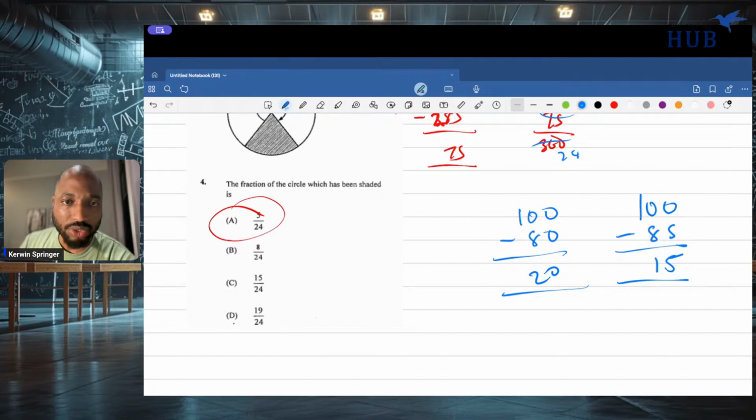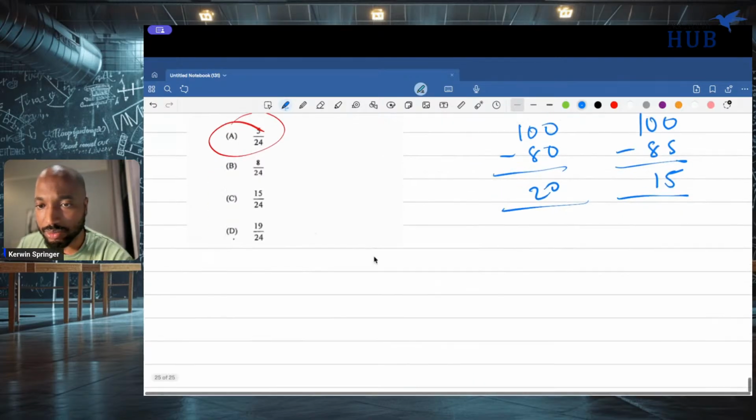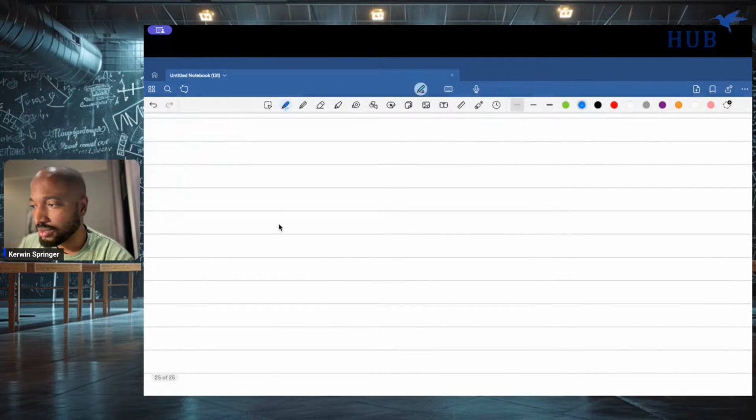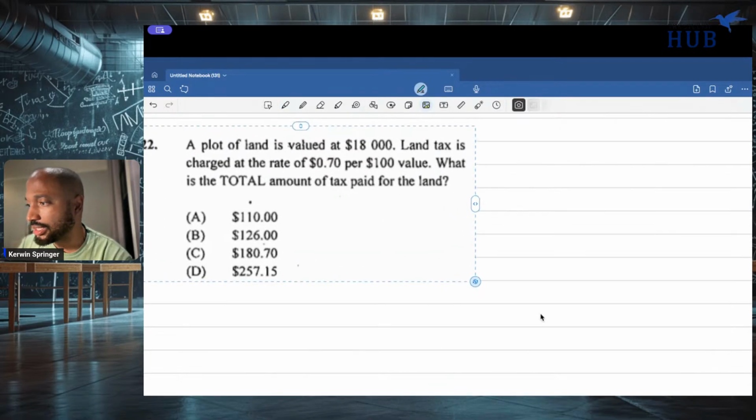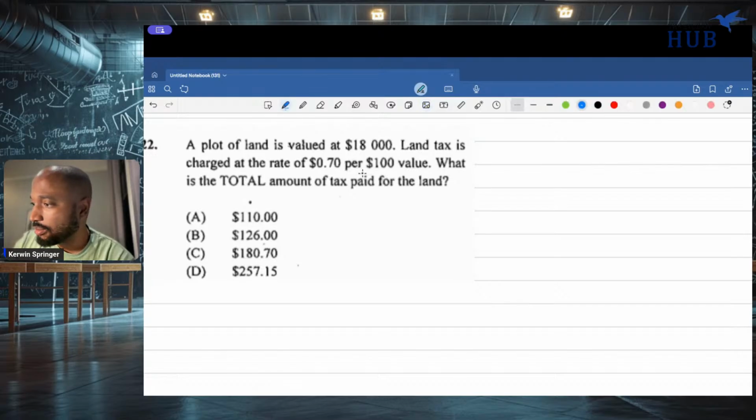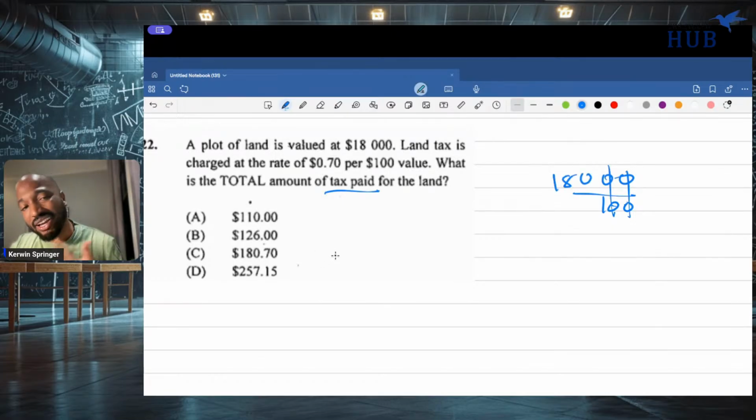So I was talking about this question the other day. The next question is coming up. A plot of land is valued at this. Land tax is this per 100. What is the total amount of tax paid for the land? What I normally do for these questions is find out how many hundreds go into it. 18, no, 180. And then multiply it with these 70 cents.